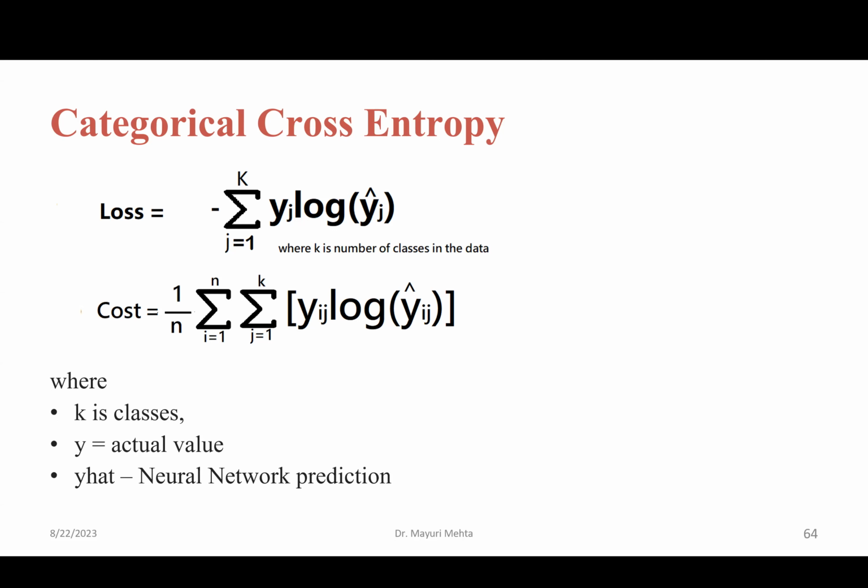Now, if I ask you the difference between loss and cost, I am sure that you will be able to tell it. But if I ask you what is L1 loss function in deep learning, that also must be clear to you.